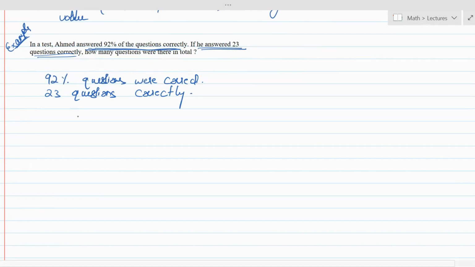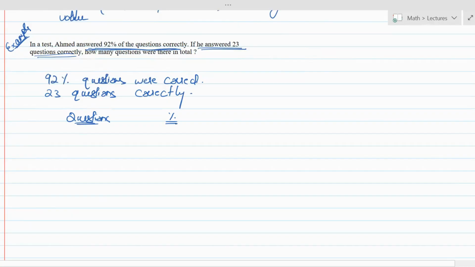So if you refer to that ratio method, where the two quantities are the values and the percentages, here it would be the questions and their respective percentages.